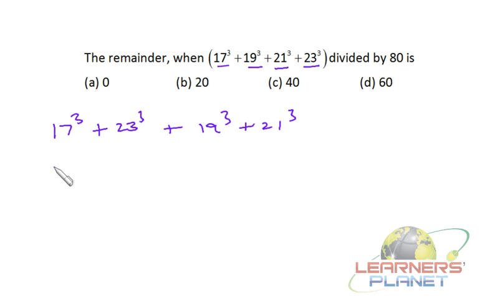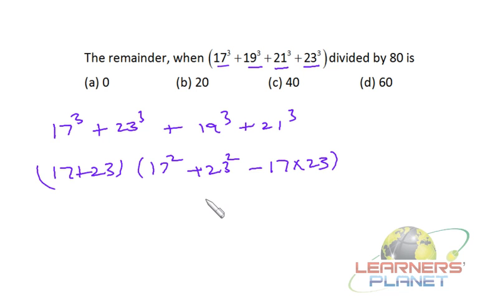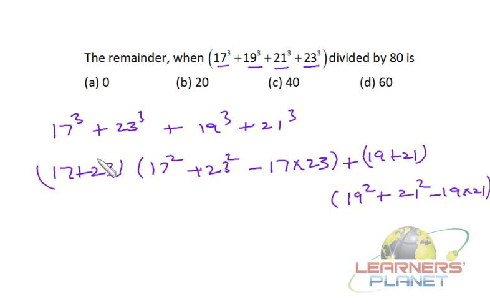Okay, so it's 17 plus 23, that is a plus b, times a square plus b square minus ab, plus 19 plus 21 times a square plus b square minus ab. Now 17 plus 23 is actually 40, so 40 can be taken as common from both of these expressions.